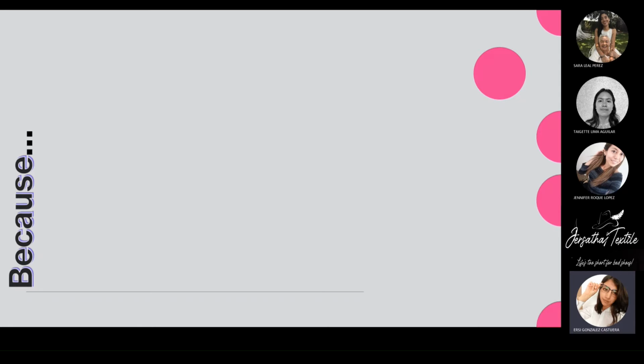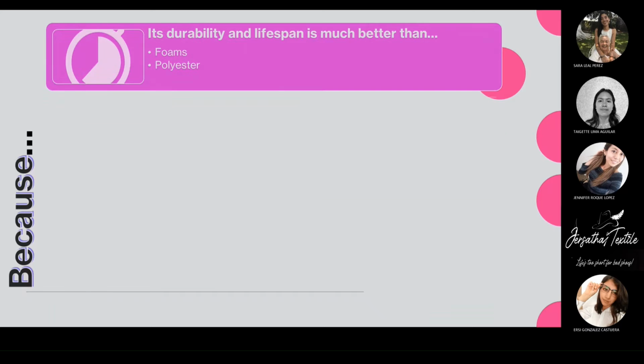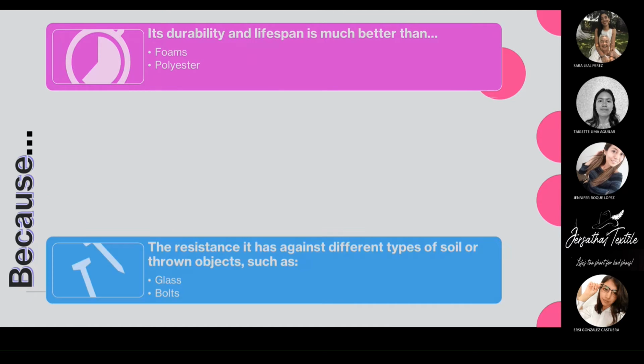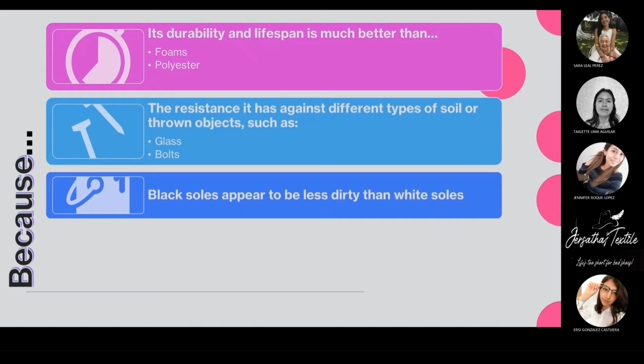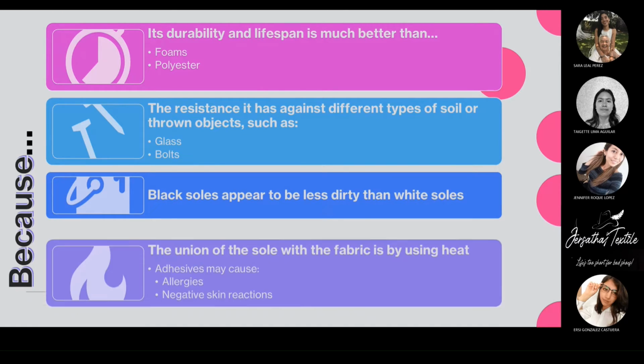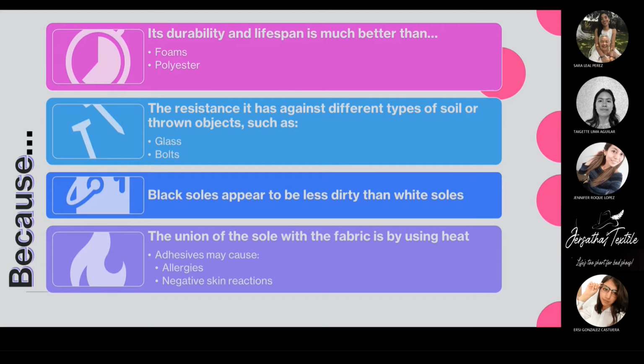The reasons why we chose synthetic rubber for the soles are that its durability and lifespan are much better than foams or polyester, and its resistance against different types of soil or thrown objects such as glass or balls. Black soles also appear to be less dirty than white soles. Also, the union of the sole with the fabric is made using heat, since adhesives may cause allergies or negative skin reactions.